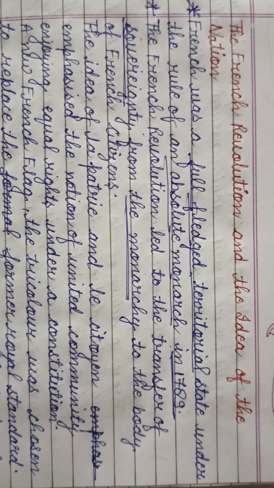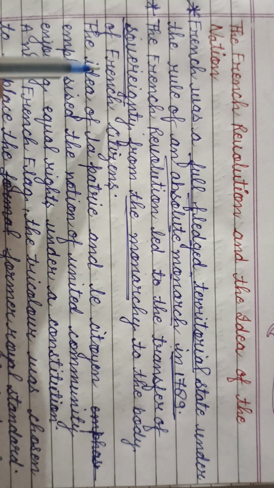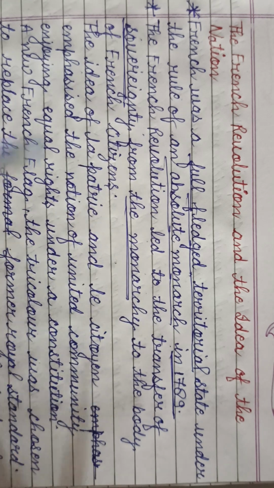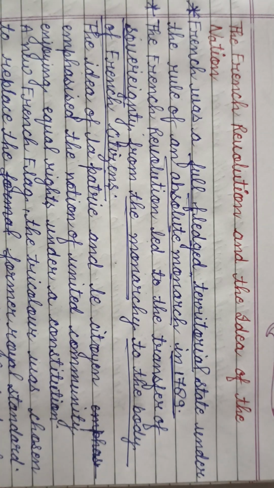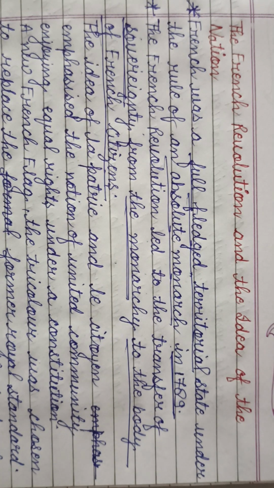After the French Revolution, France became sovereign, meaning there was a constitution, there was a democracy. Sovereignty passed from the monarchy to the body of French citizens, meaning now people can also give their opinion in their nation.